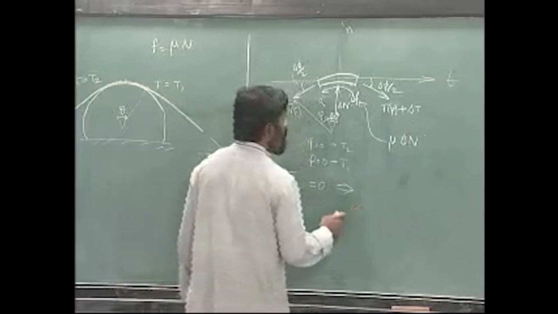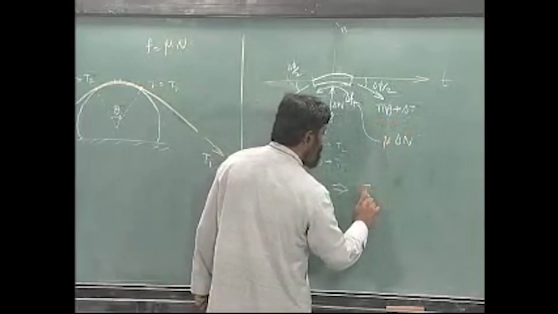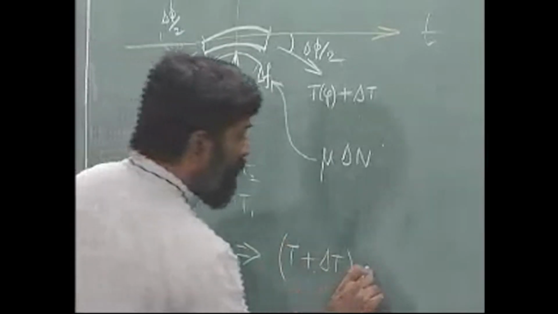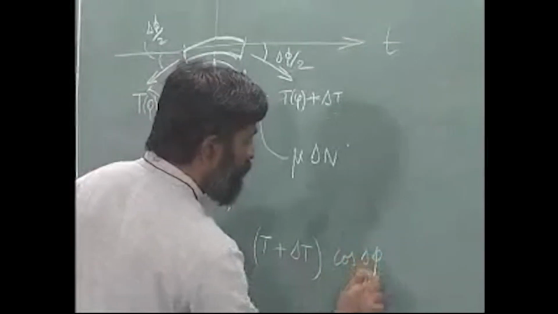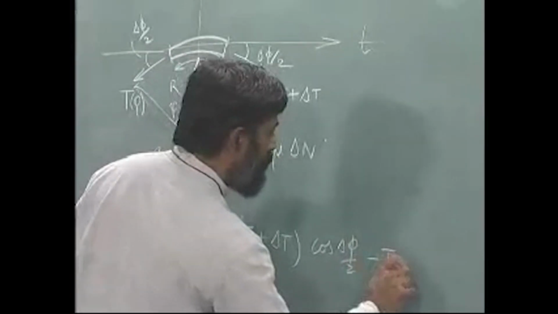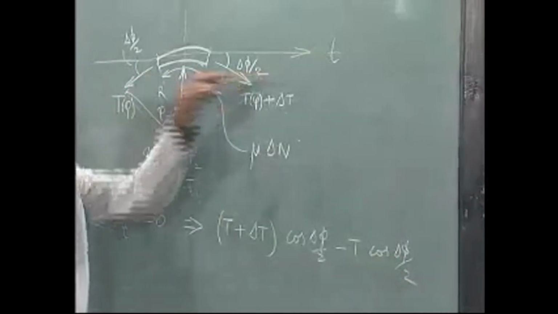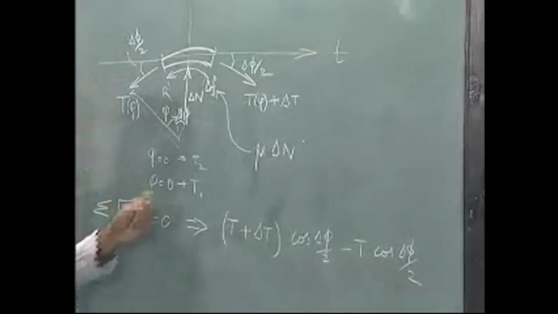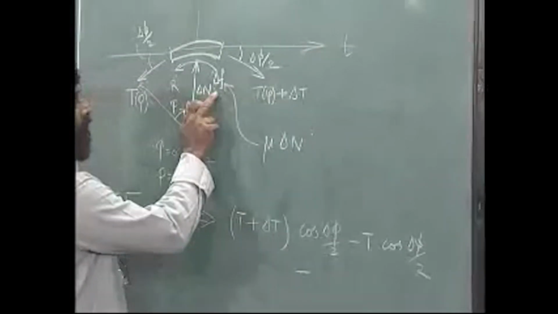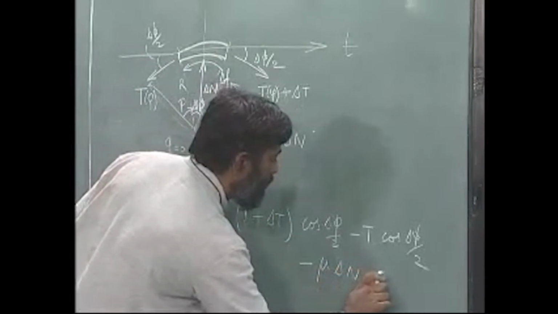So if I write all of them together, I have T plus delta T times cos delta phi by 2, minus T cos delta phi by 2, because this direction is positive and this direction is negative, and delta F is also in the same direction, so minus delta F, but delta F is equal to mu times delta n, and that is equal to 0.